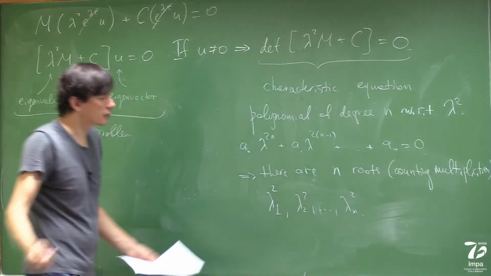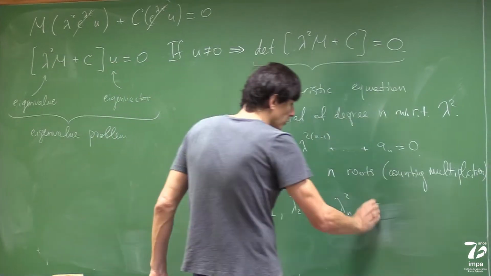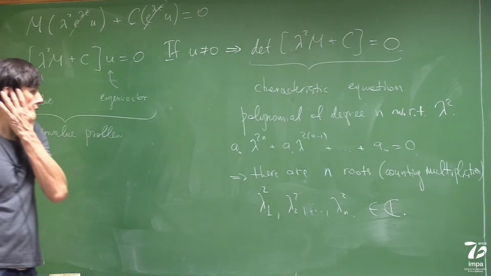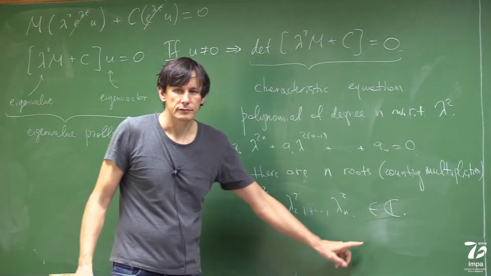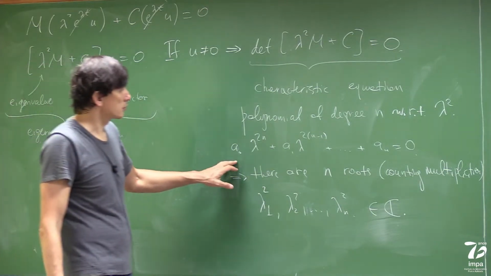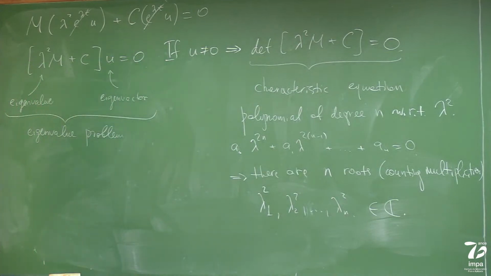The polynomial of degree n has n roots, which in principle can be complex, and some of them can repeat. The idea about repeating roots is that you can take this polynomial and represent it as a product of n monomials.